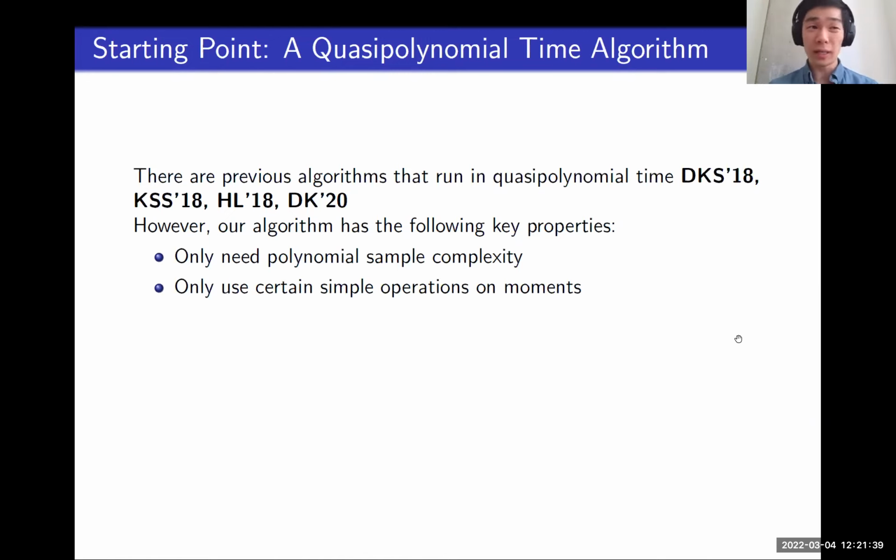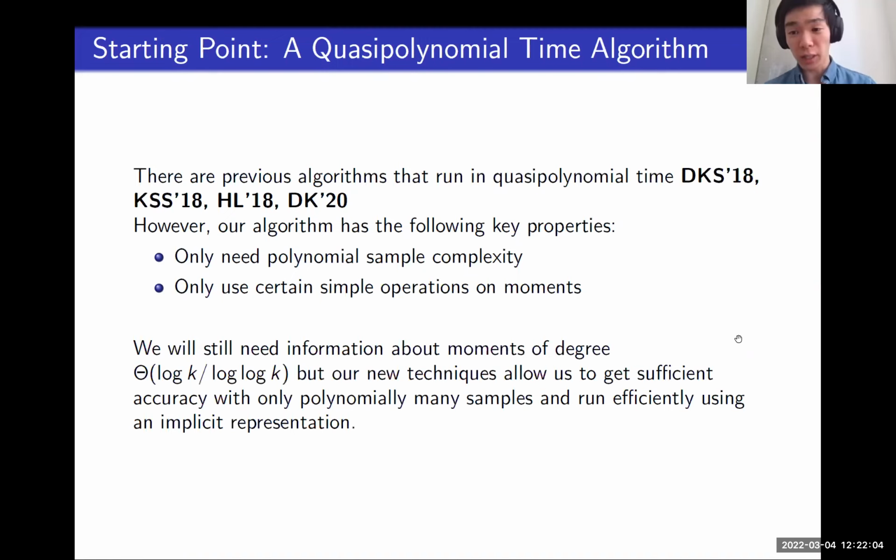The other thing, which is a little bit more vague, is that we'll only use very simple operations on the moments, so that these operations will later be amenable to the techniques where we accelerate computations with moments by using implicit representations. So we'll start with a quasi-polynomial time algorithm with these two important properties.